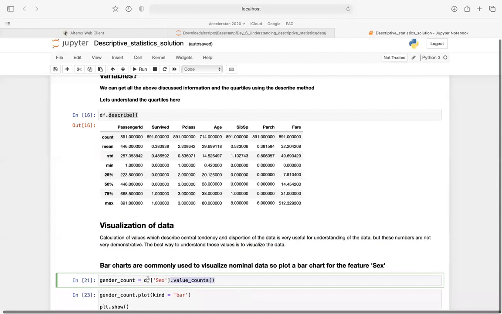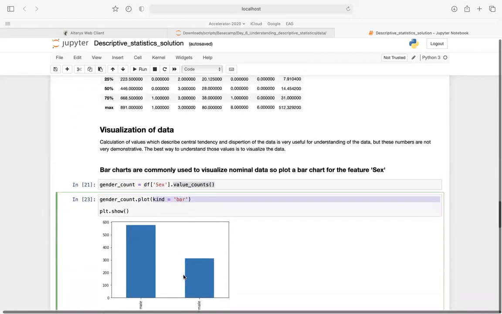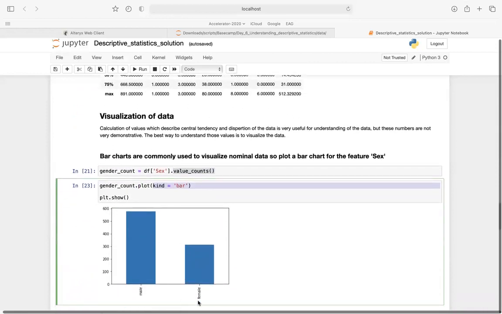So if I say gender count is equal to df of sex dot value counts, and then gender count dot plot kind bar, I should see something like this. I can clearly see that among the passengers boarded on the Titanic ship, we had more male than female. We approximately have 50% more male than the total female count.